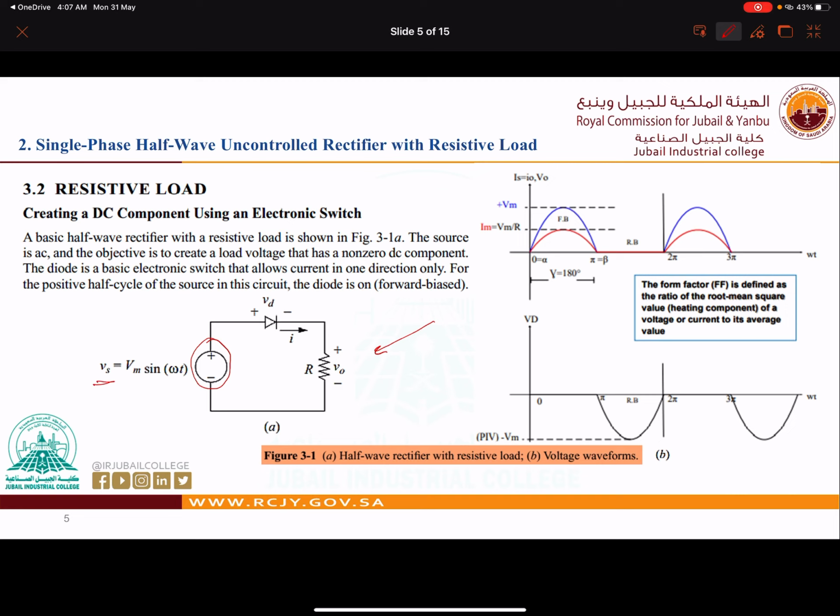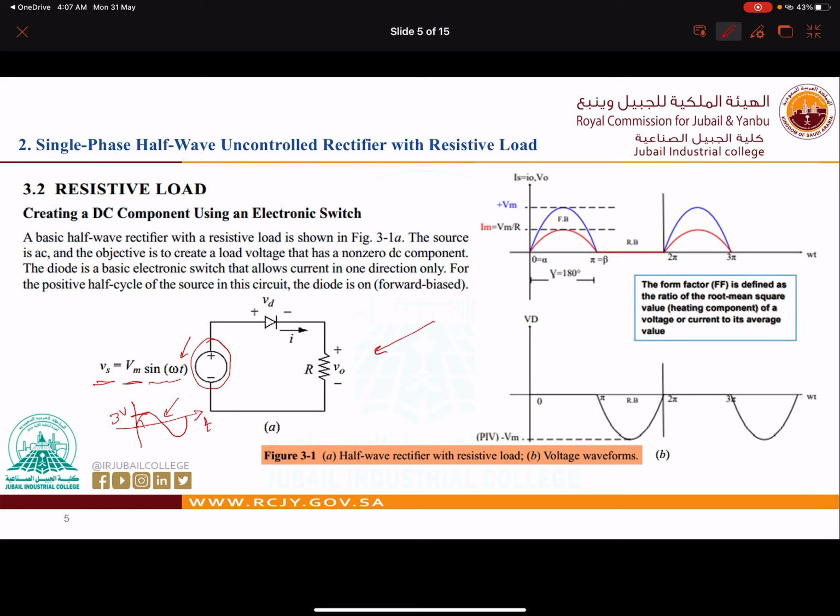Vs equals V maximum sine omega t. Why sine? Because it is a sine wave. We know that this wave is changing with time. That's why we have time here, because the value of the voltage will be different at each point. Let's say here the peak value is 3 volts.